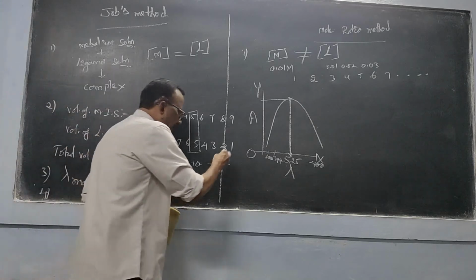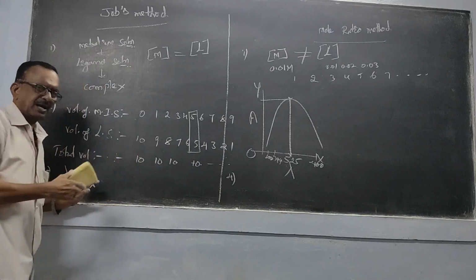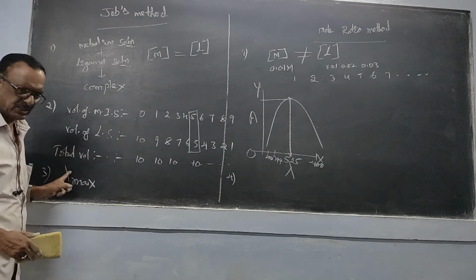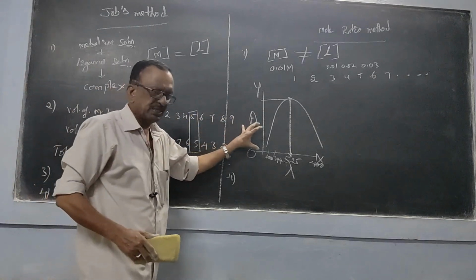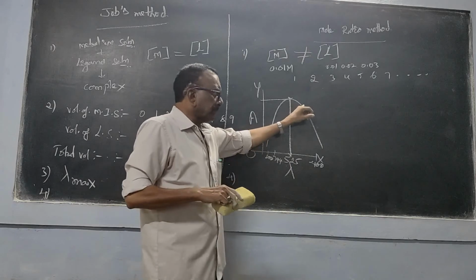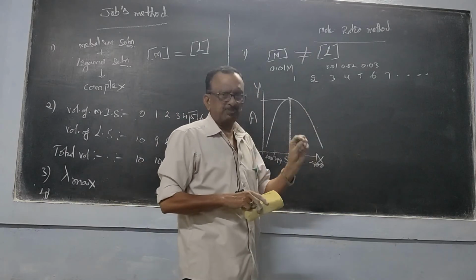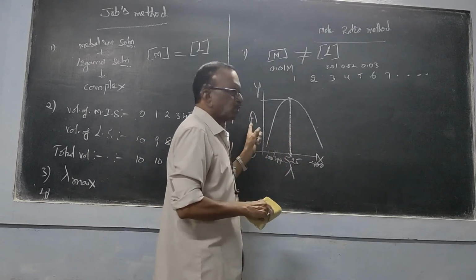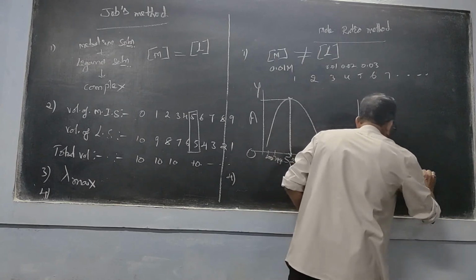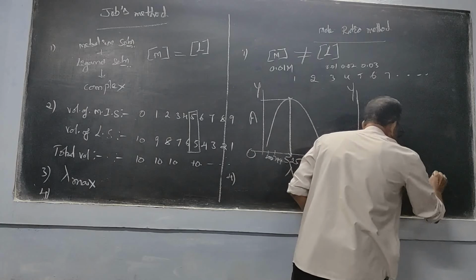Okay. Now the last part, the fourth part. What is the difference here? After finding out the lambda maximum, these 10 solutions are subjected to interaction with light of the particular wavelength, lambda maximum, and we will find out the absorbance. So here the graph is slightly different. This is the y-axis, 0, and this is the x-axis.